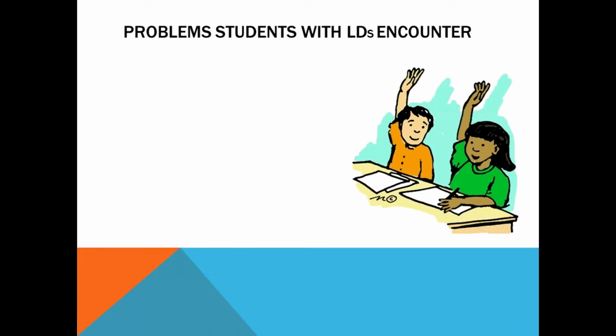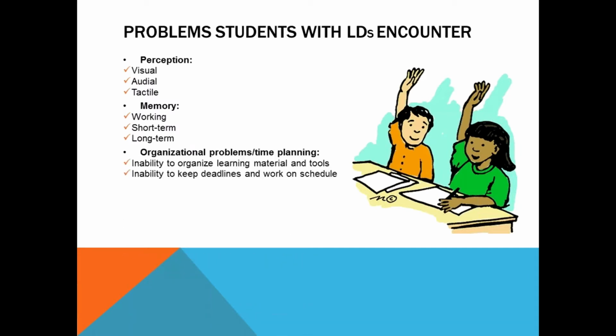Okay, so I know that most of you already have been introduced to learning disabilities, but I'm going to make a very quick overview of what it is like to have learning disabilities. Learning disabilities are usually described as problems with perception, visual, audio, tactile, memory problems, including working memory, short-term and long-term memory, organizational problems, or in other words, problems with organizing your time and material.